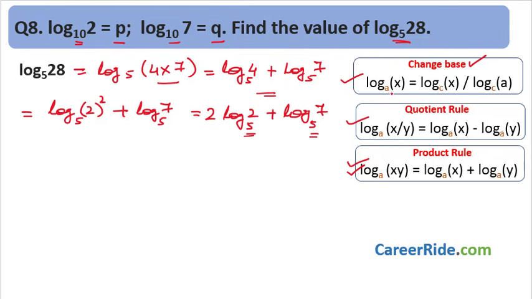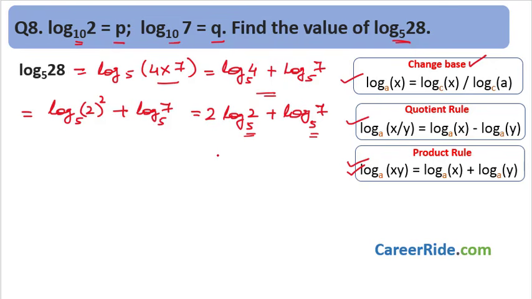If I want to change the base from a, log x to the base a can be written as log x with the new base c, divided by log a with the new base c. Now since I am given everything in log base 10, I'll convert it into base 10.